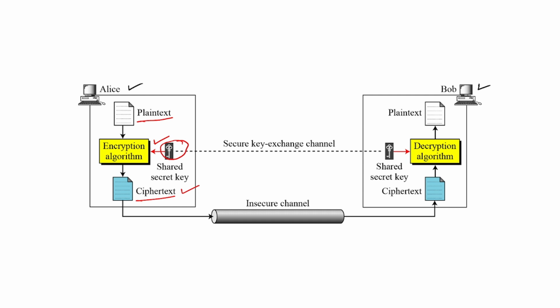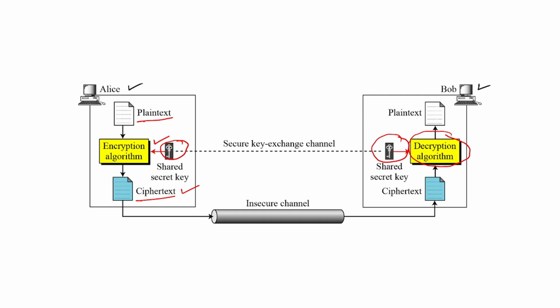The decryption algorithm converts the ciphertext to plain text, unreadable format to readable format. Here also we need to use the same key: whatever key Alice used for encryption must be used at the receiver side for decryption.